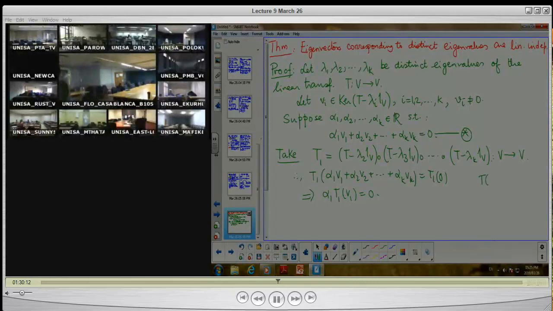What does it mean? This means that V1 is non-zero, right? So this means that V1 is an eigenvector for lambda 2, right? Eigenvector corresponding to lambda 2.